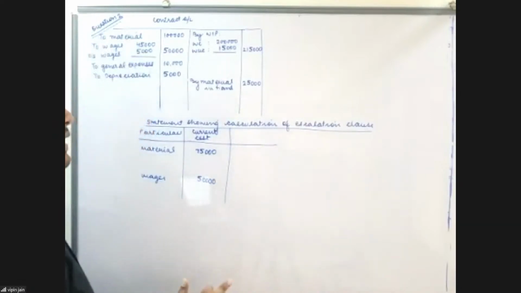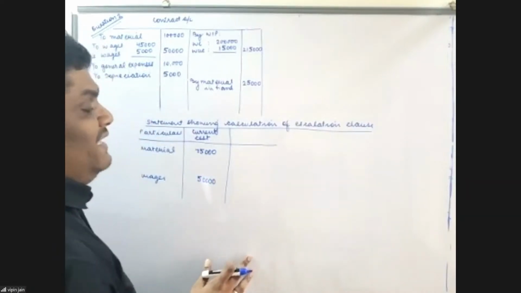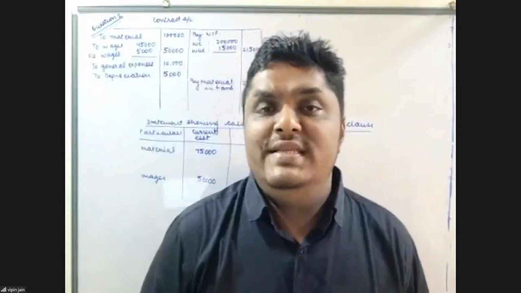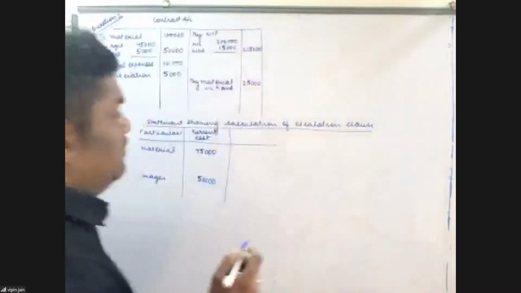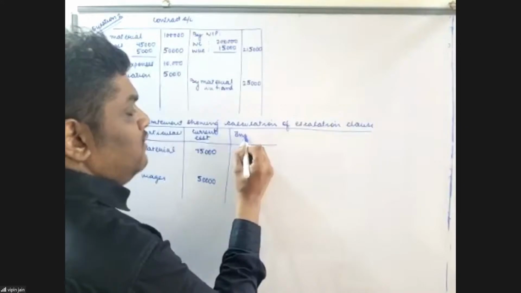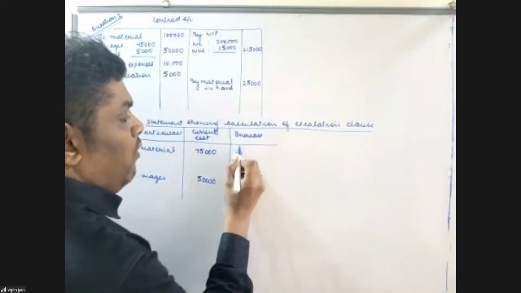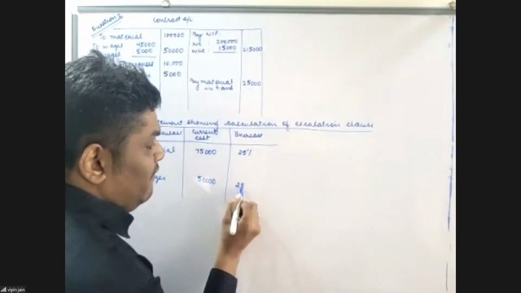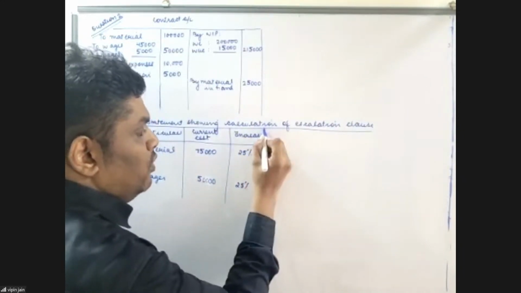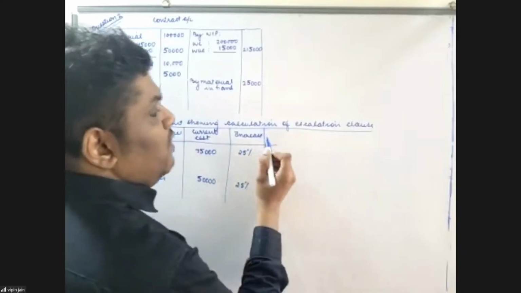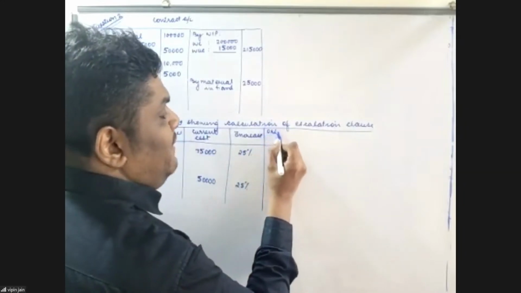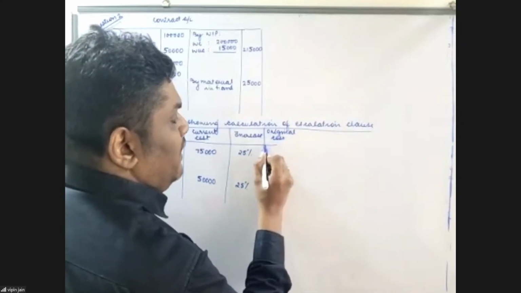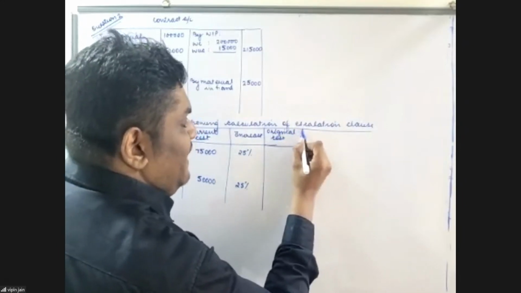Now it is given in the question that since the date of signing the agreement, the cost of material and rate of wages has increased by 25%. So the increase is how much? 25% and 25%. So what will be the original cost at the time of signing the contract? Very simple calculation, guys.